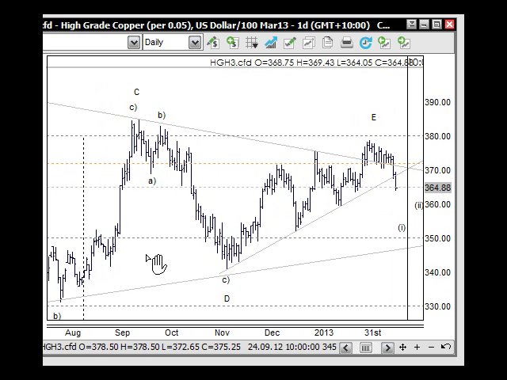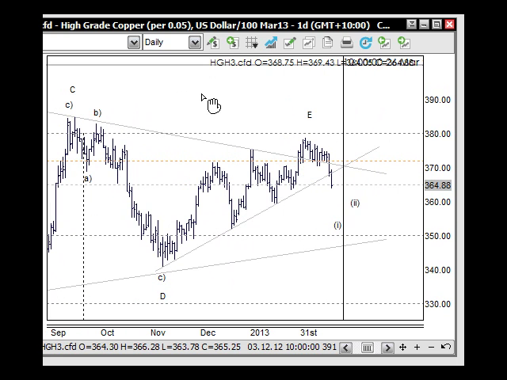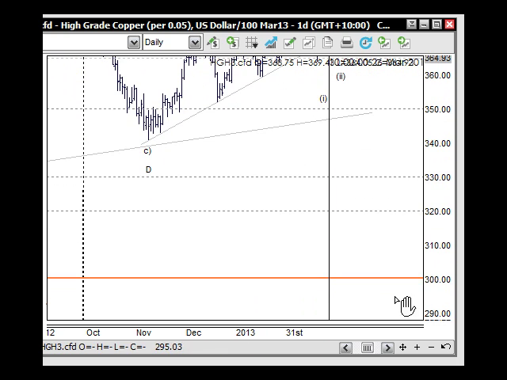We can bring this into line as a triangle, which is 5 waves of an A, B, C, D, and E here. The warehouse figures for copper seem quite full, the same as nickel. The aluminium and zinc seem a bit low, so they might be a bit more steady. But if this is the case, then this will move down to make new lows below the triangle pattern, down into this area here. So that's a real possibility.